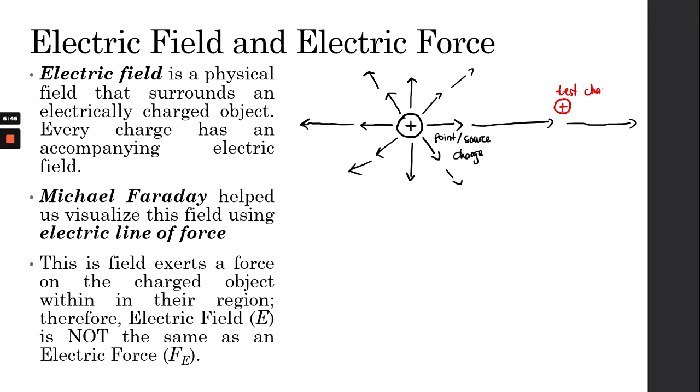The test charge is the charge that is experiencing this field that is originating from my point or source charge. This test charge also has another electric field around it, but I'm not going to draw that so the drawing wouldn't be messy. But imagine there is also a field surrounding our test charge. I'm more focused on this charge as my source of the electric field.